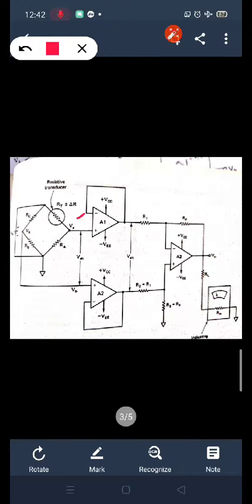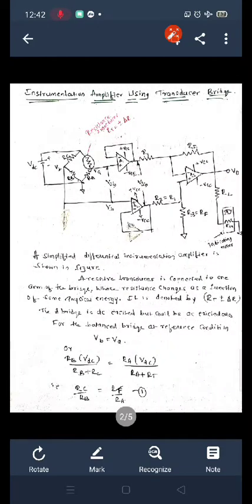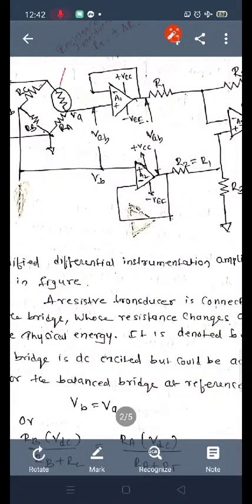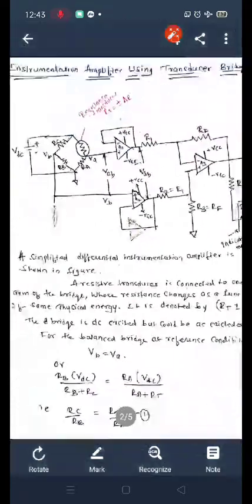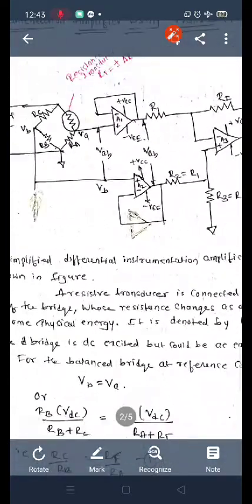Now with respect to this figure, for the balanced bridge at the reference condition, the potential at A, that is VA, is equal to VB. So for the balanced bridge, VB is equal to VA.